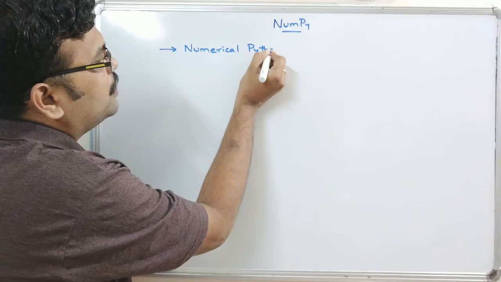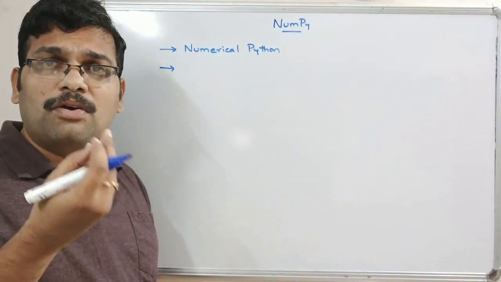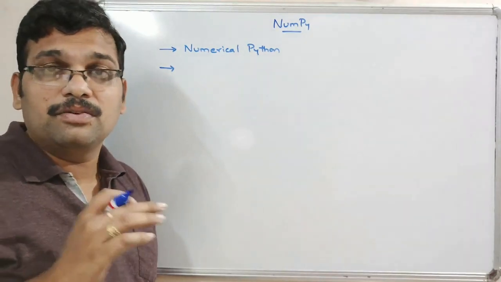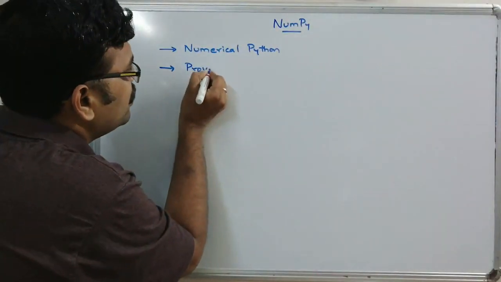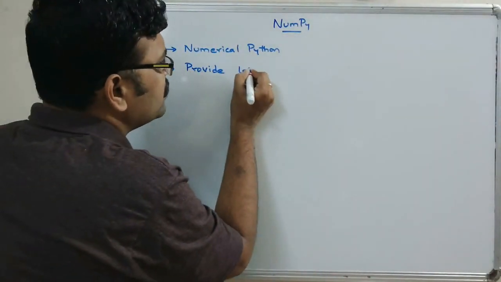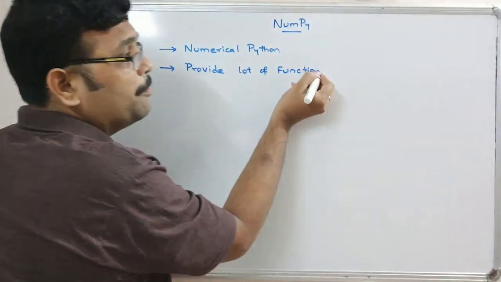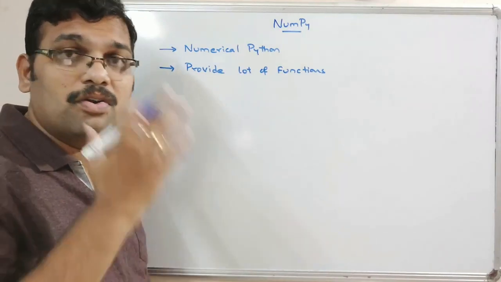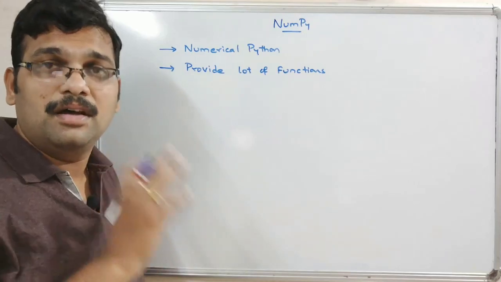Numerical Python means there will be some topics related to mathematics. So that's why NumPy will provide a lot of functions. All are built-in functions, right? Remember, these libraries will have a lot of built-in functions. Not only NumPy, whatever library we are using, everything will have built-in functions.